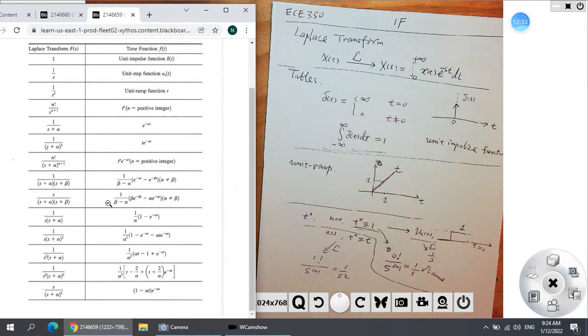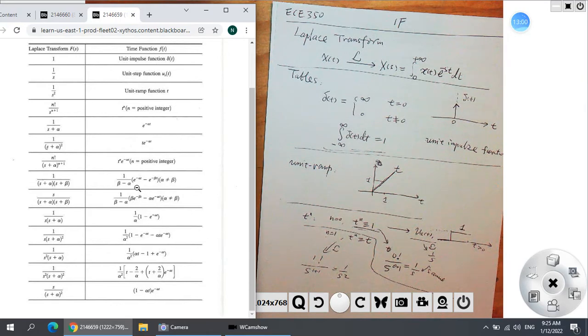Some combinations of the exponential powers with certain coefficients, and this side they are something like 1 over s plus alpha, s plus beta, or s over something. I don't want to go over them step by step.